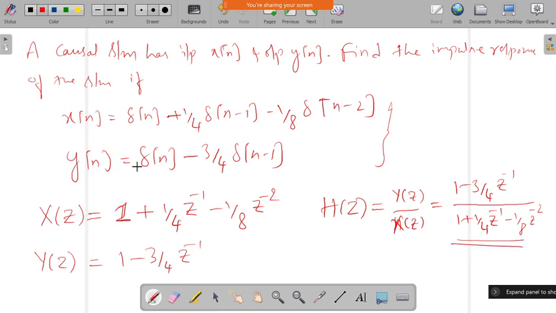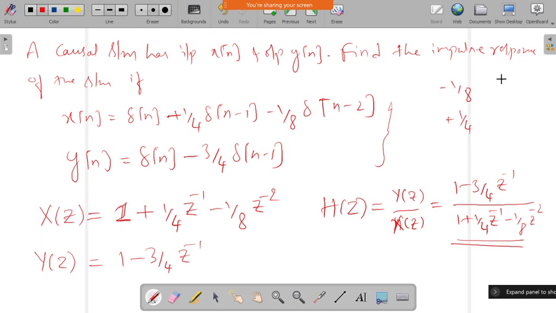Okay. So, now we can take the roots for this equation. So, how to find the roots? You can see the product is minus 1 by 8. So, how to get the roots? The product should be minus 1 by 8 and the summation should be equal to 1 by 4. So, like that you have to choose the roots.